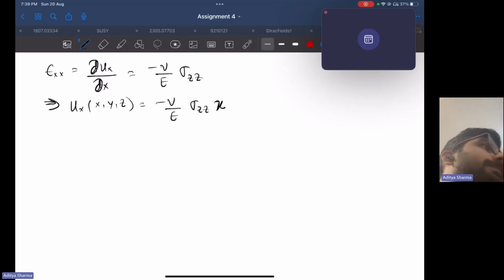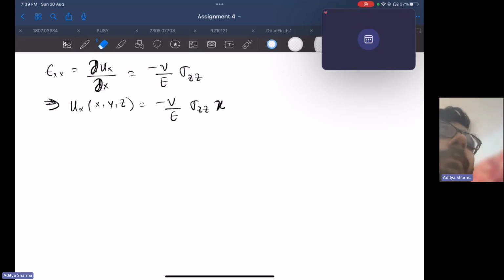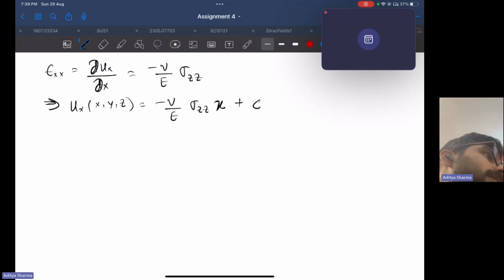Okay, with this constant, this can be a function of z.